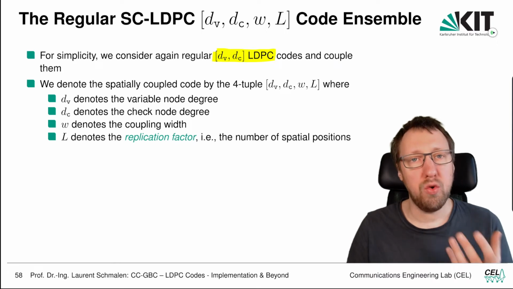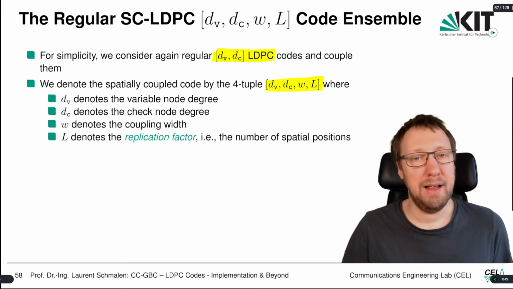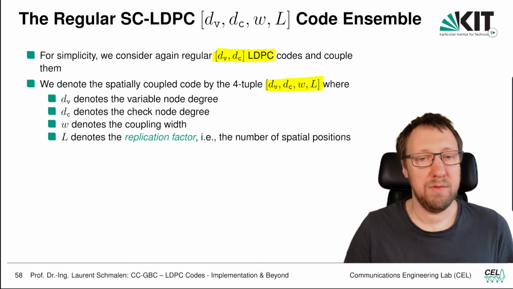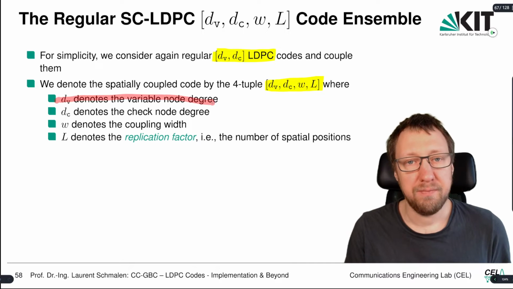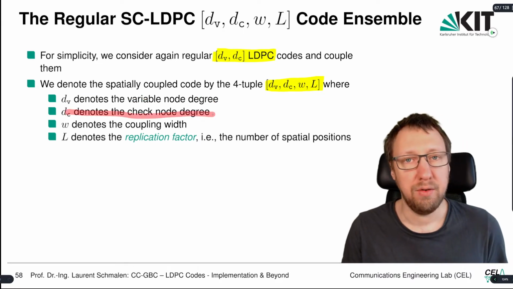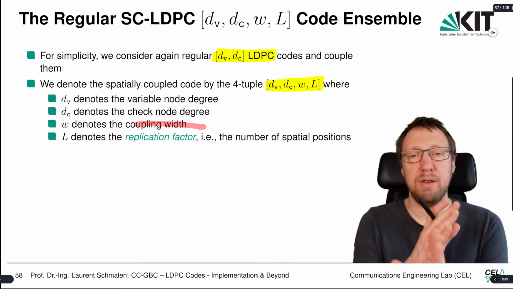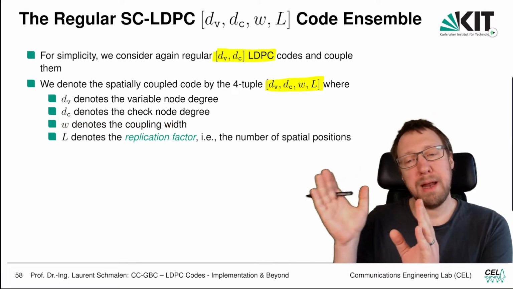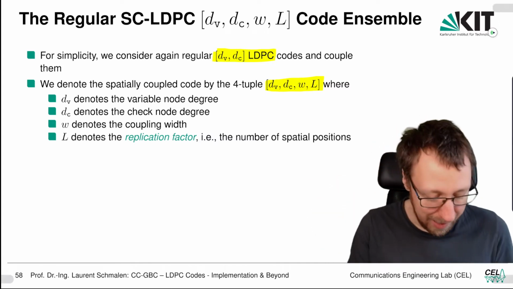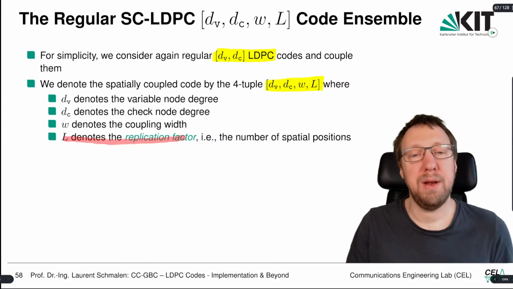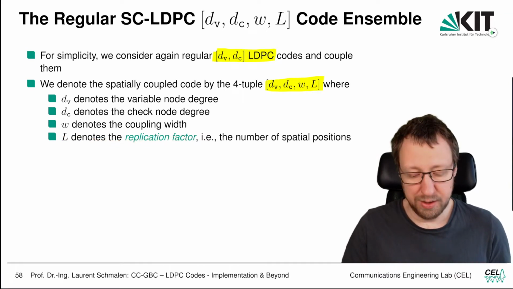So we introduce a new ensemble that is called the dv-dc-W-L ensemble. As before, dv is the variable node degree, dc is the check node degree, w is the coupling width, so it depends on how many spatial positions we put the edges to, and L denotes the replication factor, so the number of spatial positions that we have.